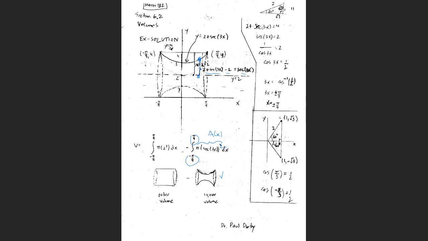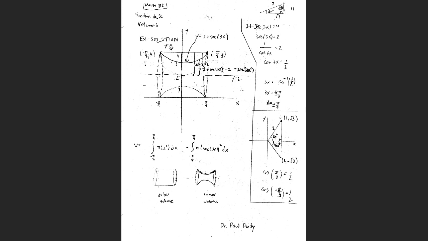Okay. So when you rotate a region about the x-axis, or I should say a horizontal axis, you're going to integrate with respect to x, because the cross-sectional areas are functions of x.